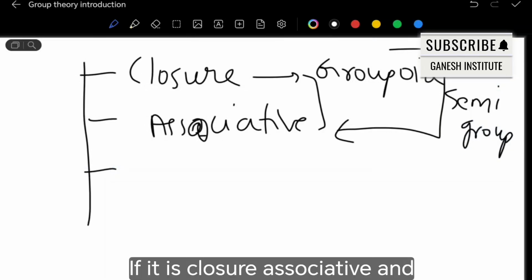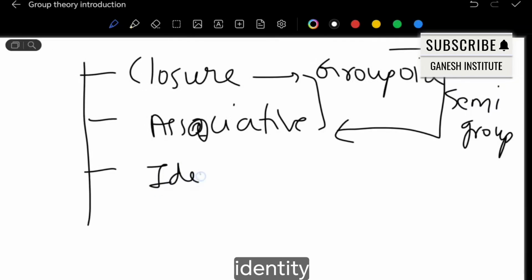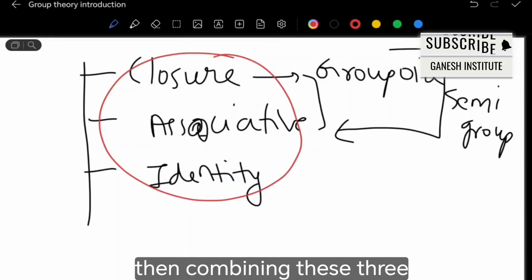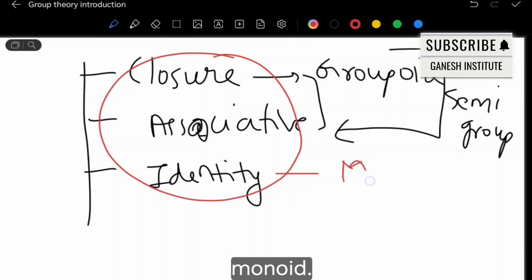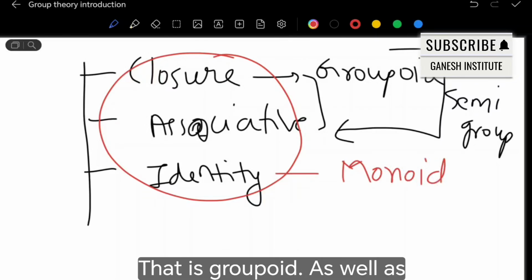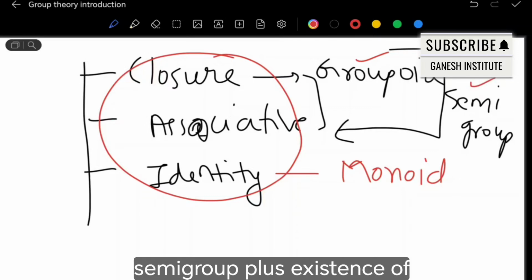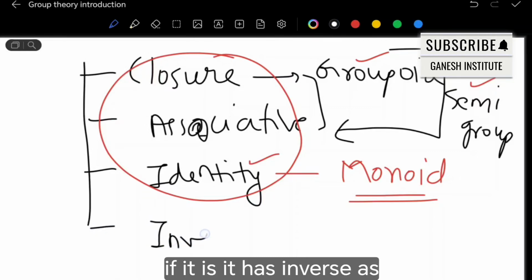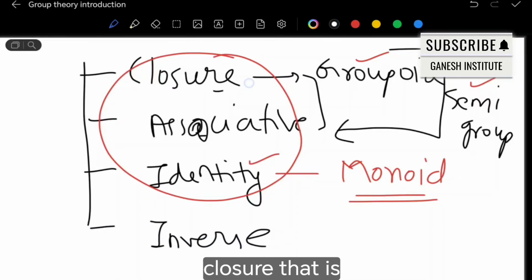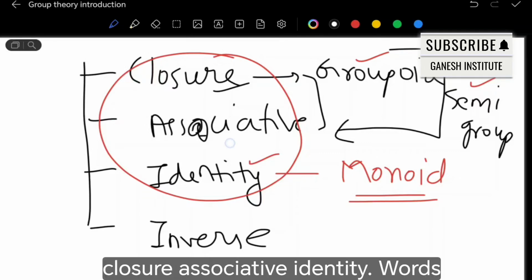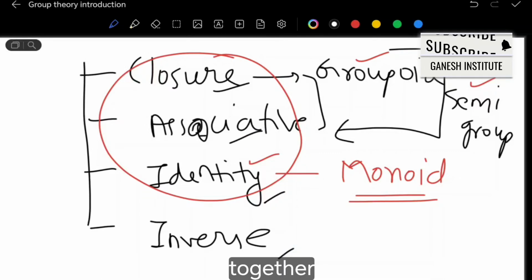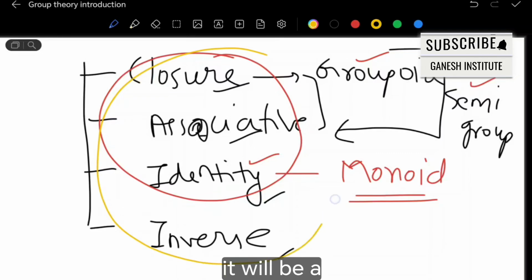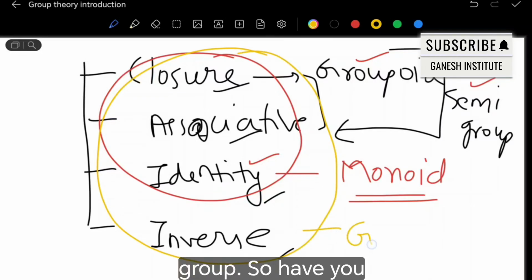If it is closure, associative, and it has identity, then combining these 3, it will be a monoid. That is, groupoid as well as semigroup plus existence of identity is a monoid. If it has inverse as well, that is closure, associative, identity, inverse together, it will be a group.